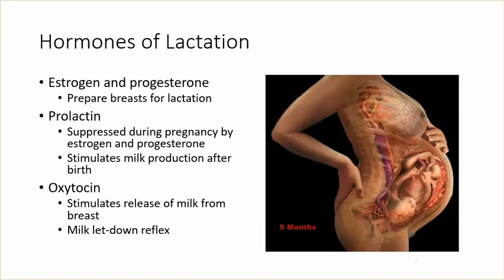So prolactin is huge. It causes the production of milk. Estrogen and progesterone prepare that. Oxytocin is what stimulates the release of milk. So those are the hormones involved.